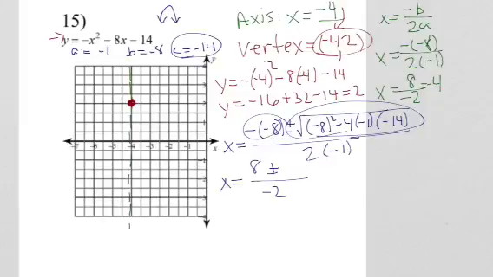So when I do that, I need to type it all in my calculator, and let's see what we would get here. Square root, that'll be 64 minus 56. So I'm getting square root of 8.